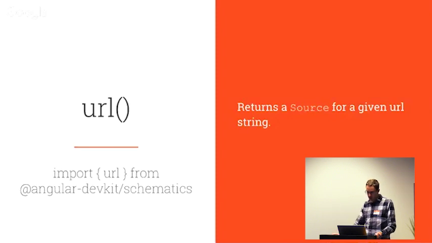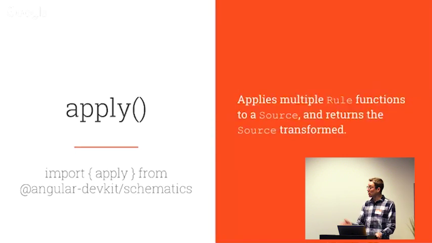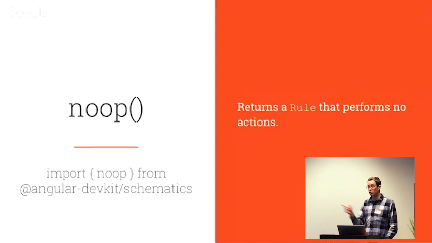So the URL function returns a source for a given URL string, and we import that out of the dev kit schematics. We talked about apply. That applies multiple rule functions to a source and then returns that source transformed. You saw the no-op function briefly. All it does is return a rule that performs no action. So we saw that in our ternary operator when we just don't want to do anything.